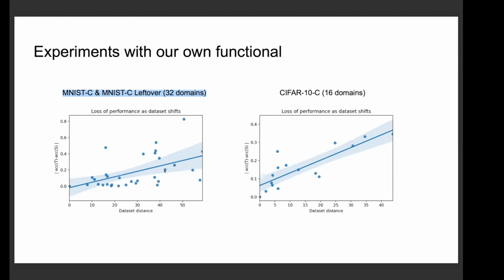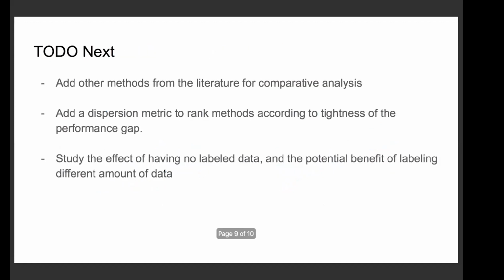We want to provide them a tool to know if they should label a little bit of the new data, and how much new data should be labeled in order to have an accurate uncertainty estimation of the accuracy gap.